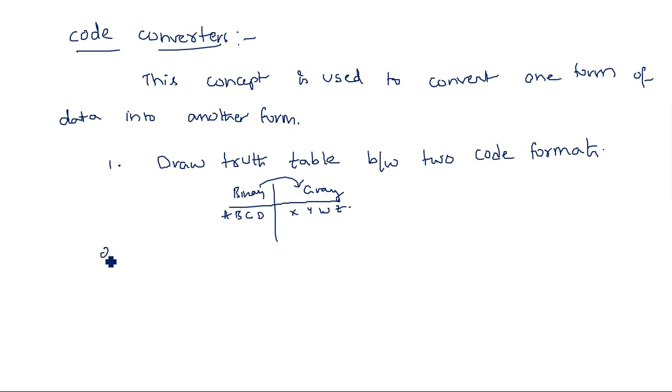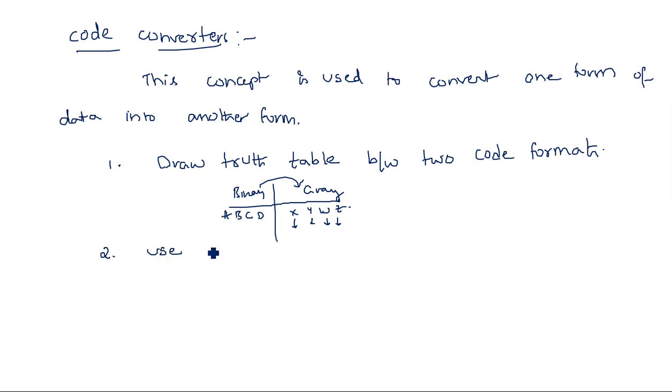And the second step is you are going to find out the logic circuit for this conversion. That is the final step. So for that you are going to write the expressions for X, Y, W, and Z. How to find the expressions for the output values? By using K-maps.